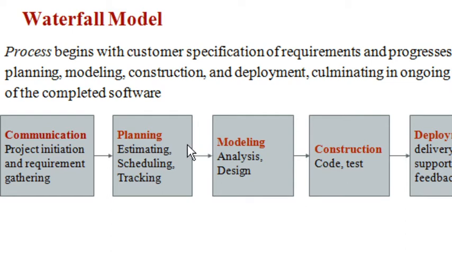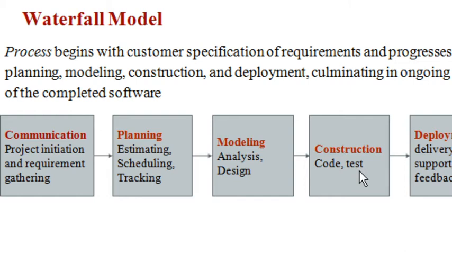So all these questions are asked, analyzed, and planning is done. After planning, the third activity takes place, that is modeling. In modeling, the architectural design is carried out and analyzed. After this modeling activity, the construction activity takes place. In construction, full functionality is given to the modules that have been defined in the architectural design by writing code using a suitable programming language.